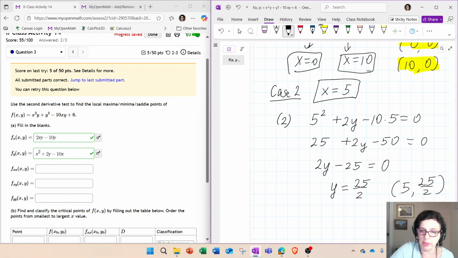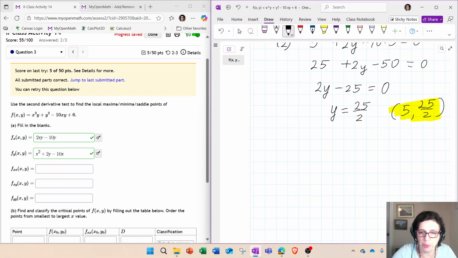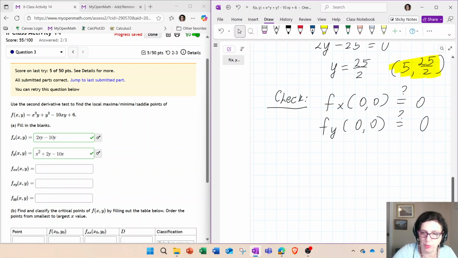Now, whether that's right or not, I'm going to determine in just a second because I am going to check it. So check for each point. Even though it takes a long time, you must check fx at the first point, which was (0, 0). Is that 0, yes or no? Then you have to move on to fy and check it for (0, 0). Can you believe that? Yes, absolutely, I have to do that.